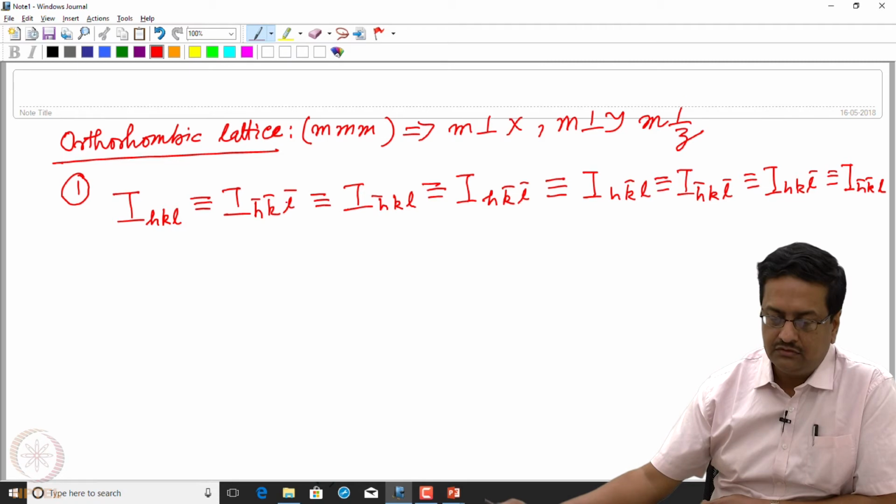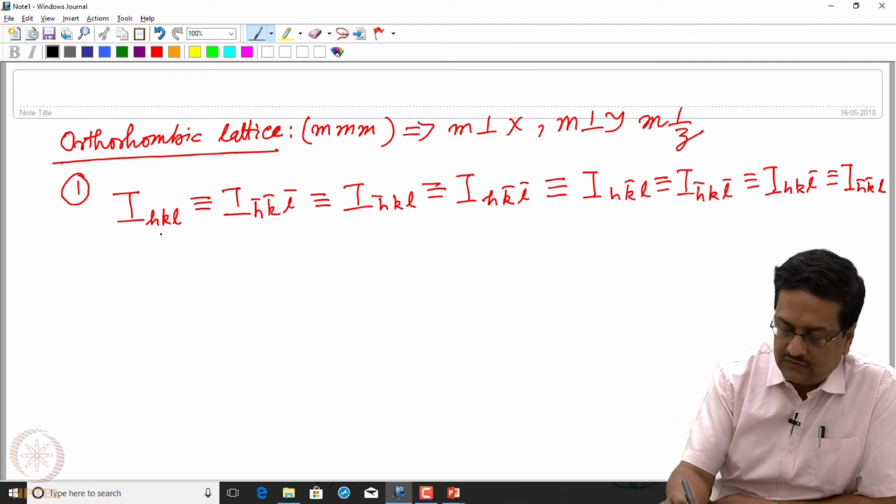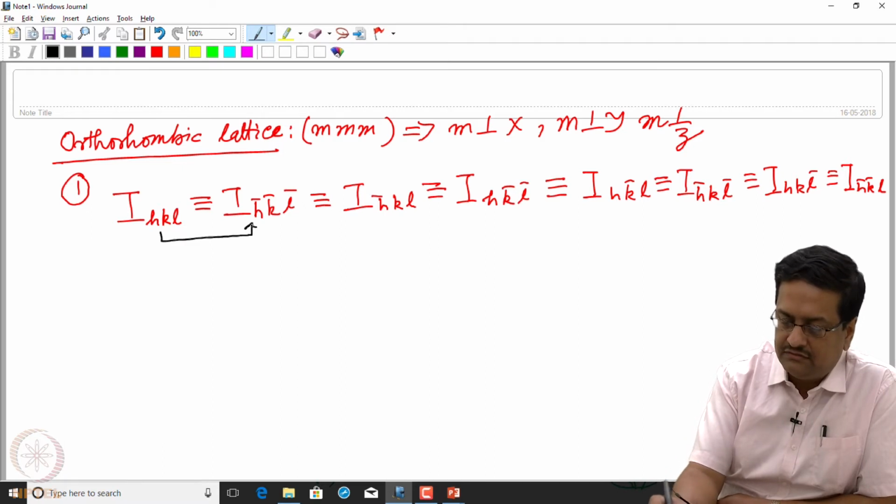So let us write down the relationships between these points once again. This is Friedel's law.